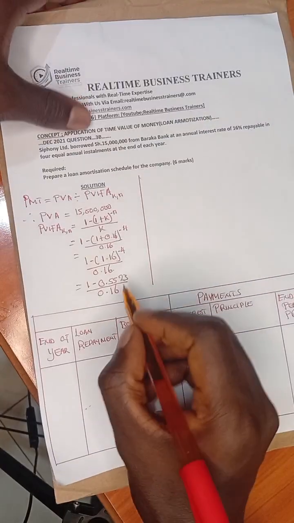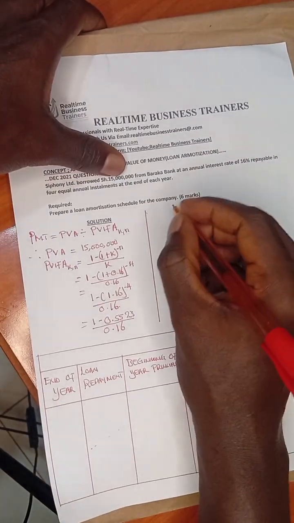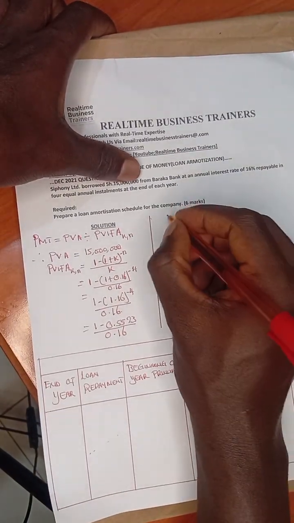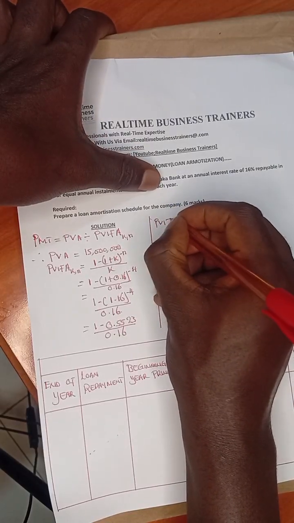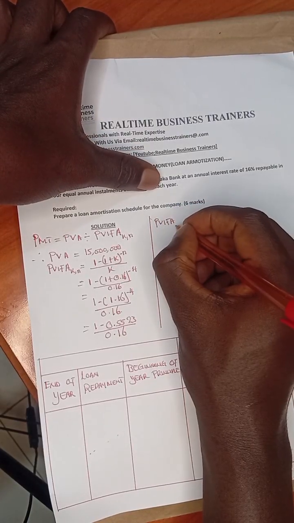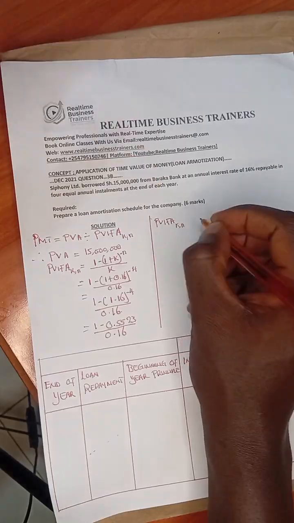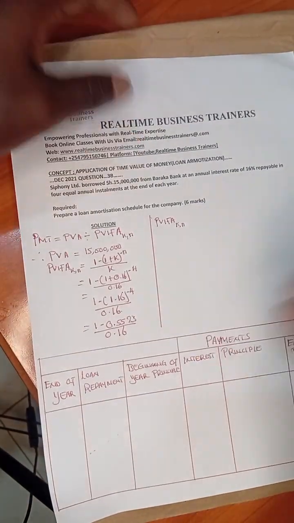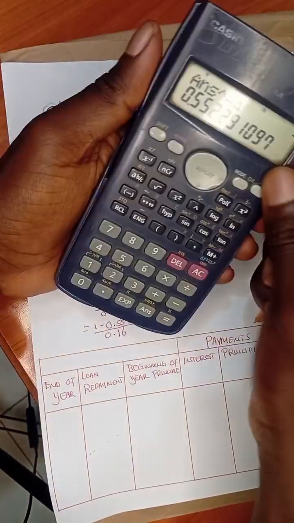Now we have not yet got the present value interest factor of an annuity at that given percentage in that given period. We have 1 minus that answer.